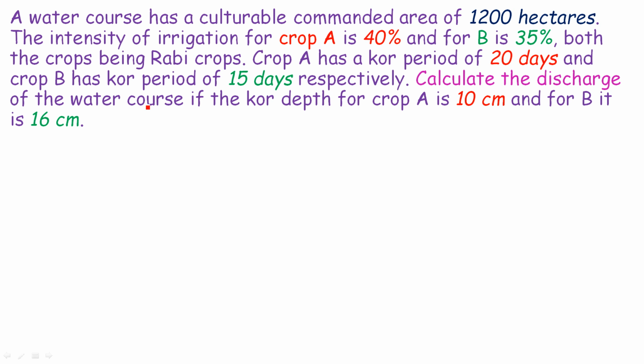First of all, the CCA is given. CCA is how much? 1200 hectares. So for crop A, the intensity is 40%. So the area will be 40% of 1200.